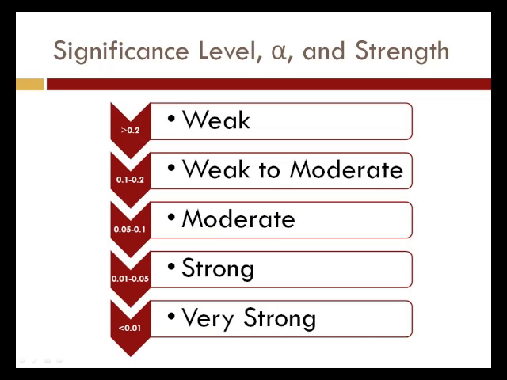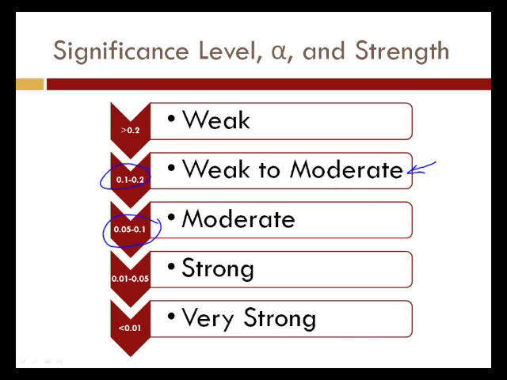But when you get down to between 0.1 and 0.2, so 10 to 20% of the time, some people actually consider that quasi-acceptable in certain circumstances. So I said that that was weak to moderate when you're between 0.1 and 0.2. Not very often will you see people who want to accept something in that range, but sometimes you will run into people who want to accept 0.1 to 0.2.